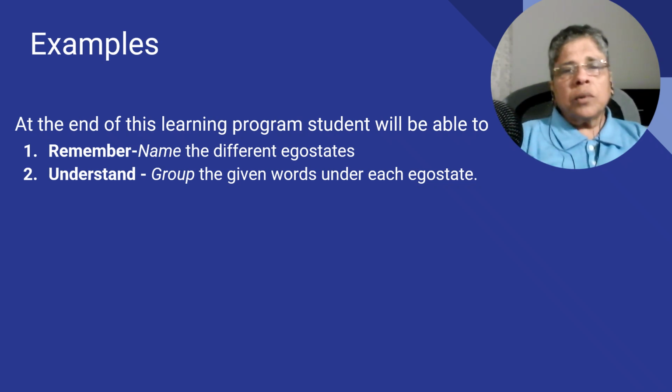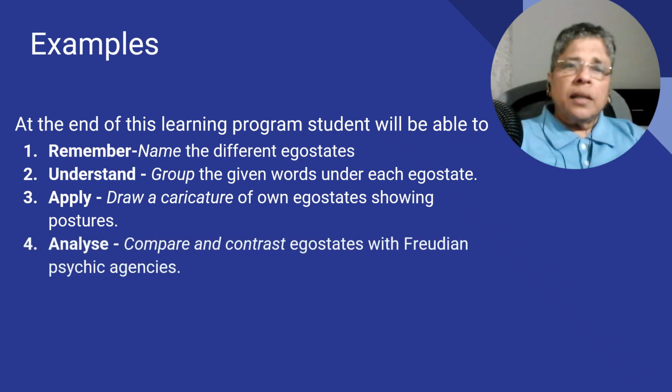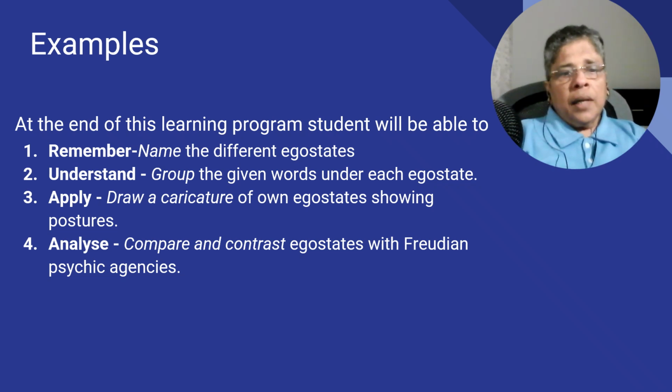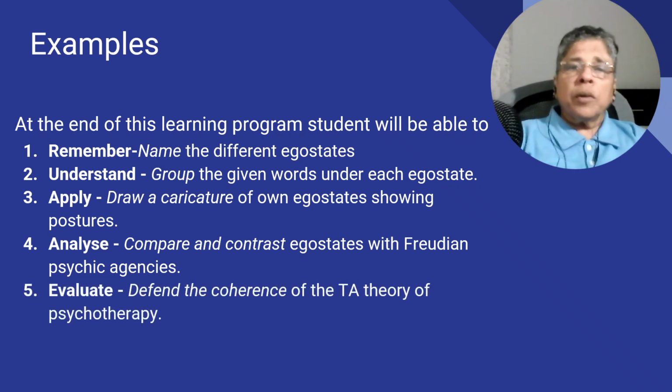So here I have used ego state. And application is doing something. So drawing a caricature of the ego states, showing postures will be an application objective. Like that, for analysis, compare and contrast. For evaluation, defend a concept that has been learned. And creation, maybe plan and write objectives for a project. So these are all some of the objectives that can be set.